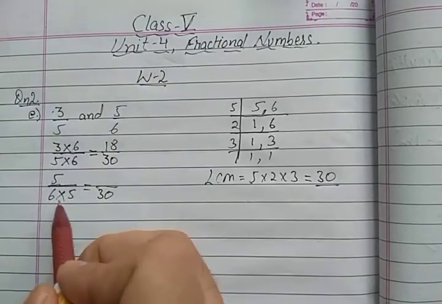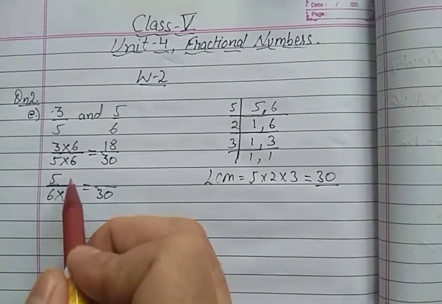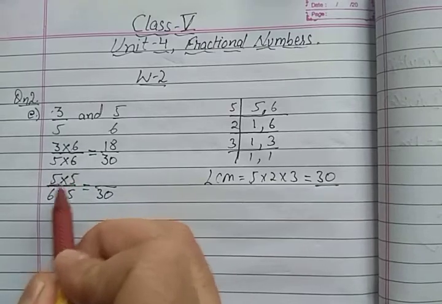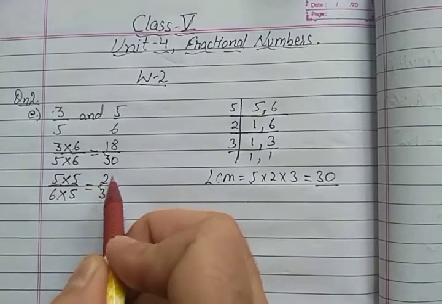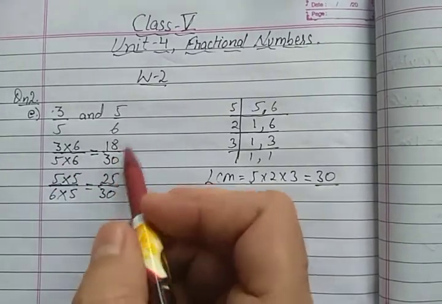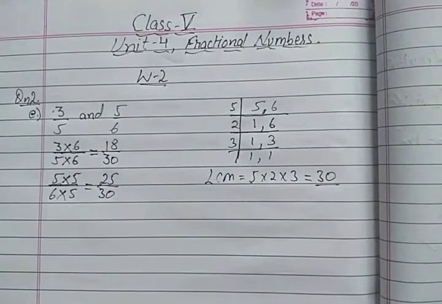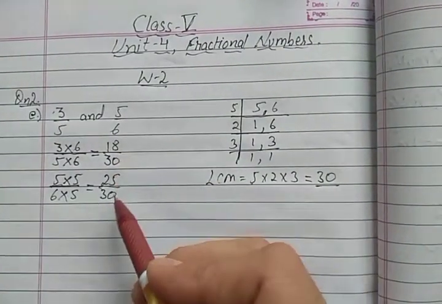Since we multiplied the denominator by 5, we have to multiply the numerator also by 5. 5 5s are 25. Now you can see both the fractions become like because the denominators are same.